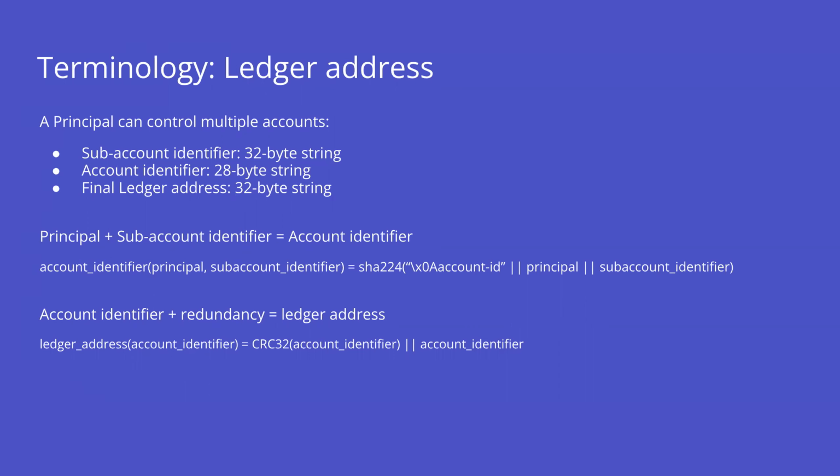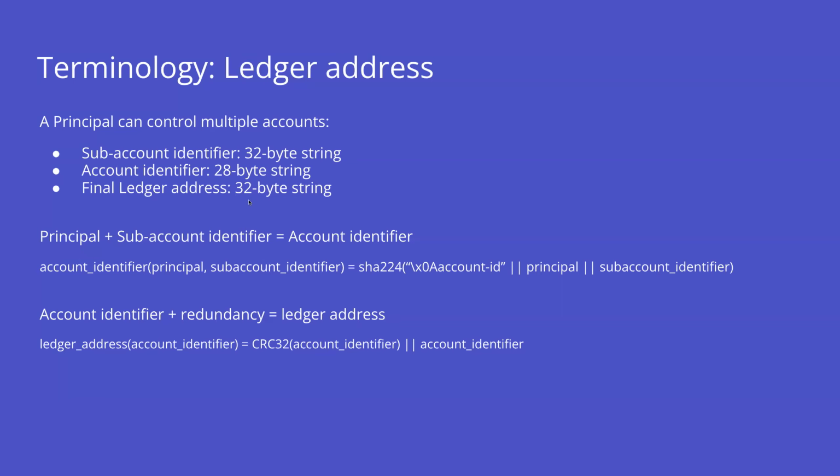So you can make as many ledger addresses as many combinations you can make with 32 bytes, and that is basically an infinite amount of ledger addresses. When you combine your principal with a sub-account identifier, you get this account identifier, which is a 28-byte string, and the final ledger address is the account identifier plus some redundancy, which creates this 32-byte string, and I'll explain that in a bit.